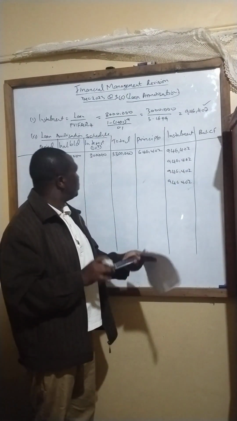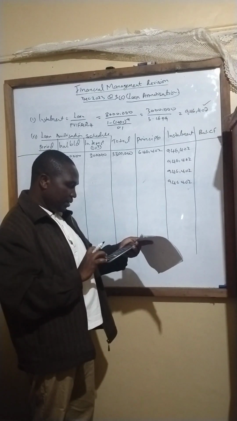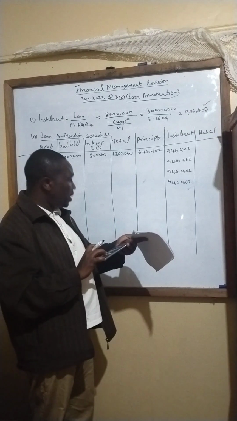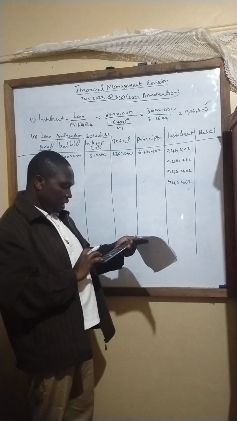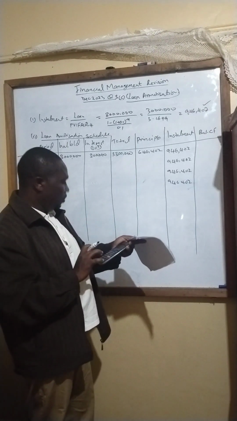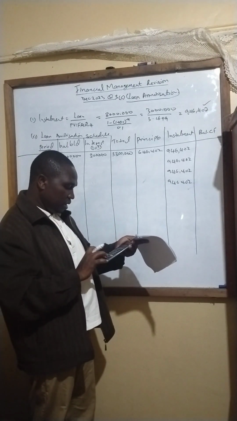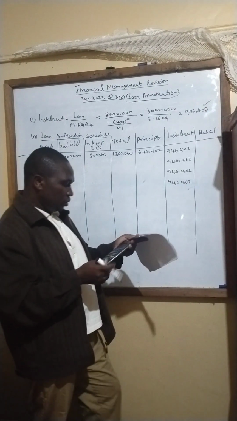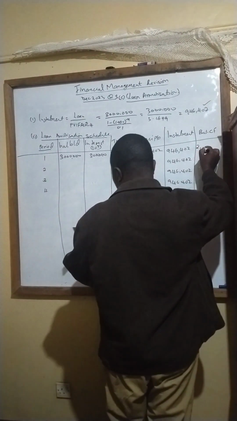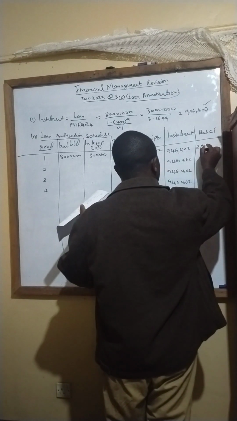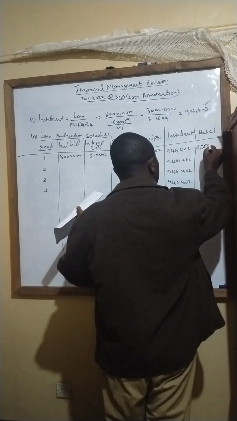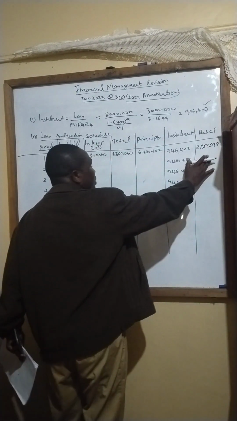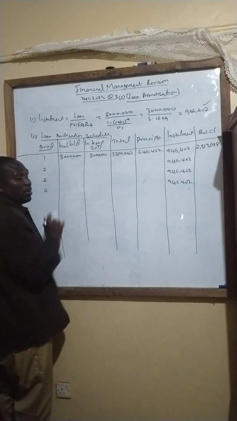So 3,300,000 minus 946,402. So your answer here is 2,353,598. So the balance carried forward becomes the balance brought down in the coming period.